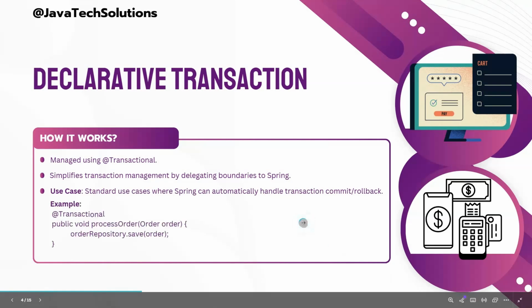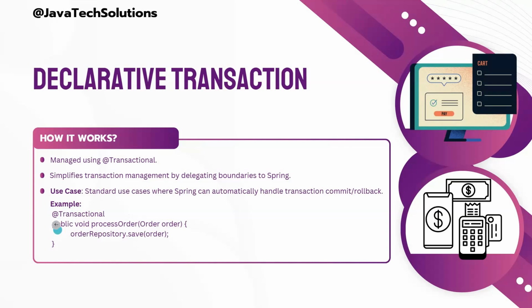Now if we talk about an example, if this is the method, then we have annotated this particular method with @Transactional. So this ensures a transaction begins when this processOrder method starts. If any exception occurs in between, all changes are rolled back.